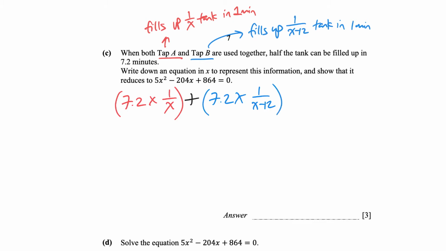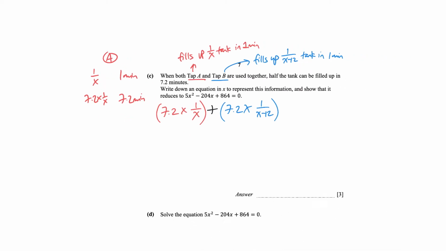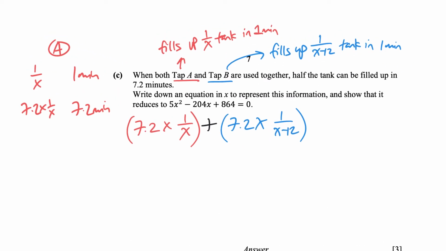If that was a bit fast, 1 over X tank in 1 minute is for tap A, and so for 7.2 minutes, it's just 7.2 times 1 over X. Together, how much of the tank is filled up? Half.